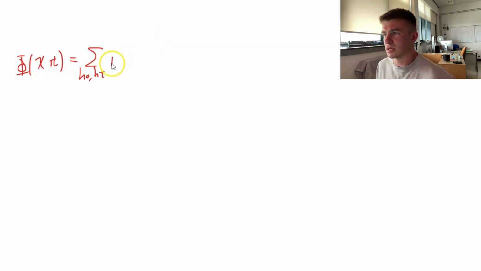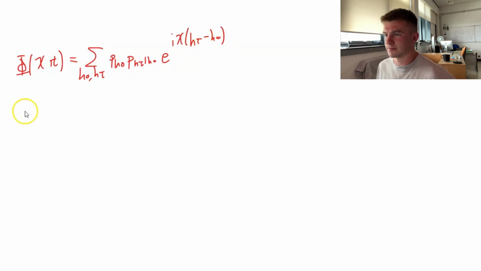So let's now input the probability that we just got into the characteristic function. So we need the sum over all of these, and then the two probabilities, and the exponential.